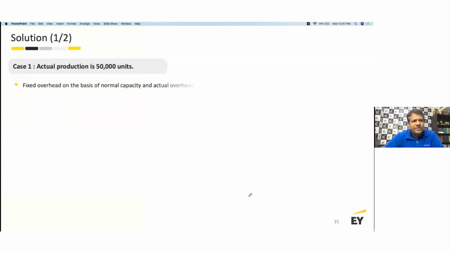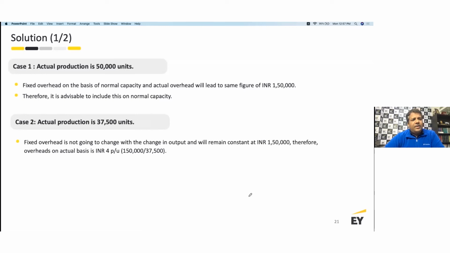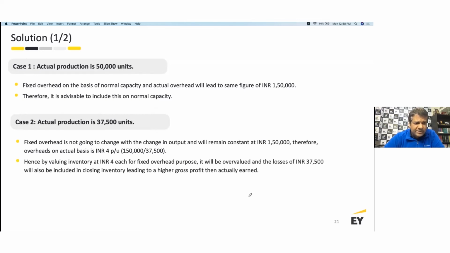Actual production is 50,000 units, fixed overhead on the basis of normal capacity and actual overhead will lead to the same figure of INR 1,50,000. Therefore, it is advisable to include this on normal capacity. Now, if the actual production is 37,500 units, the fixed overhead is not going to change with the change in output and will remain constant at INR 1,50,000. Therefore, overheads on actual basis is INR 4 per unit, but you are not supposed to do it on that basis.